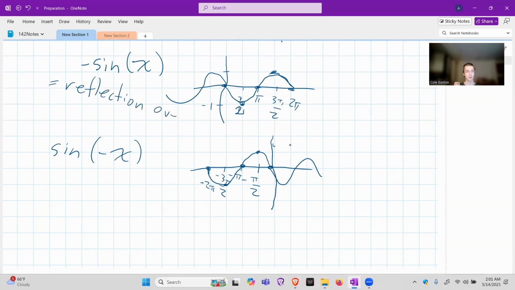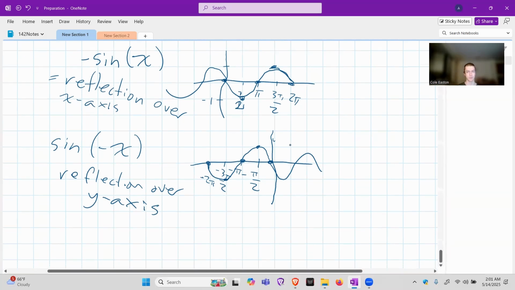So the reflection over the x-axis is when we do it outside. When we do it inside, it's going to be a reflection over the y-axis. And I'm going to pick a better function to illustrate this as well in 1 second.